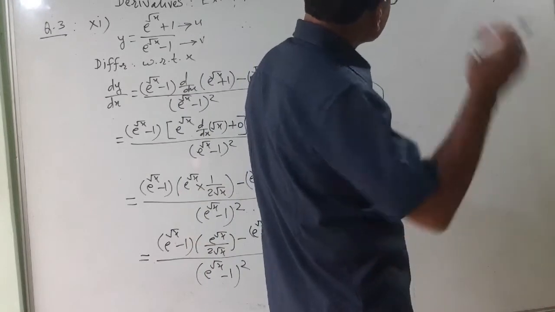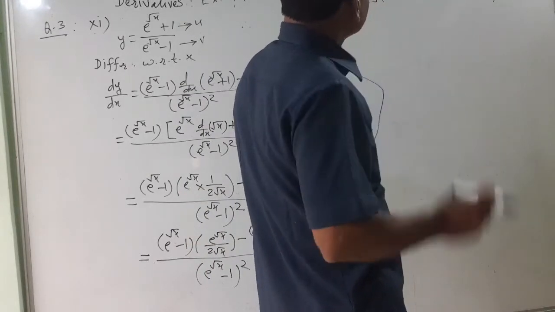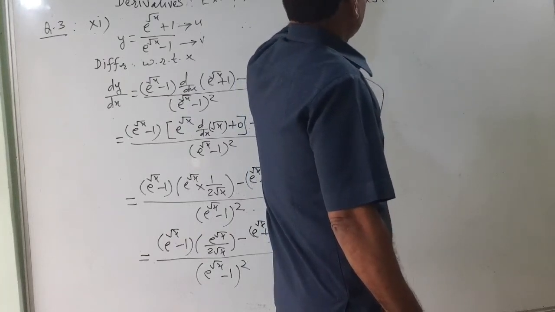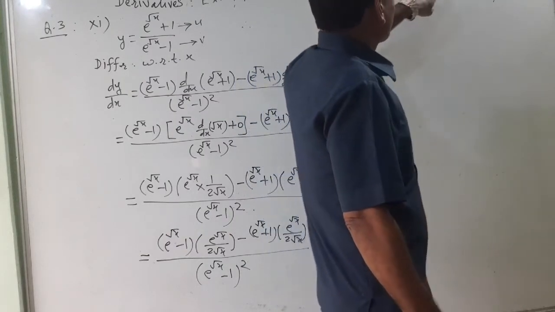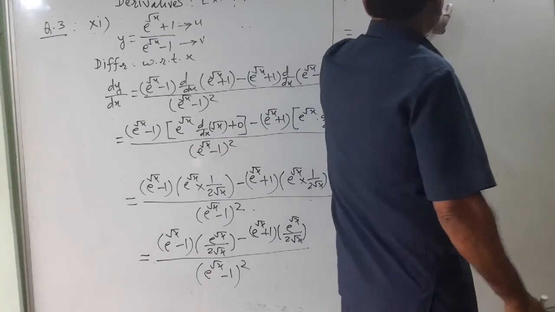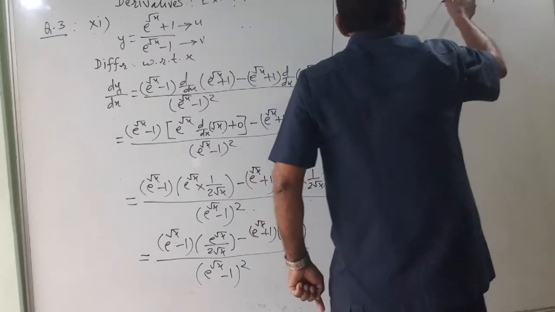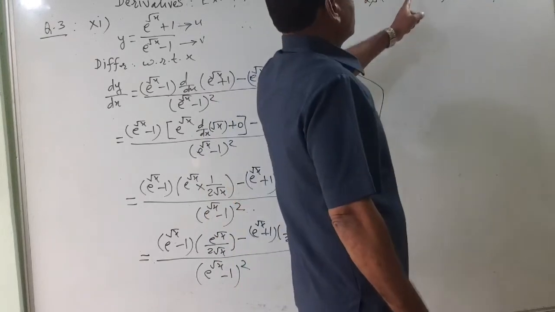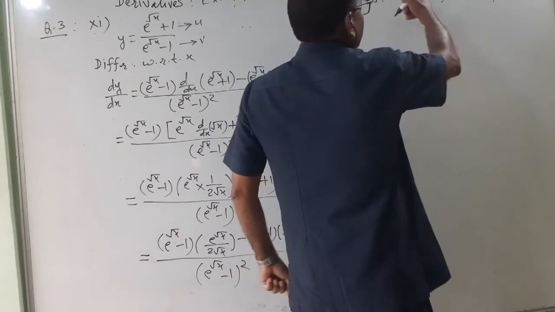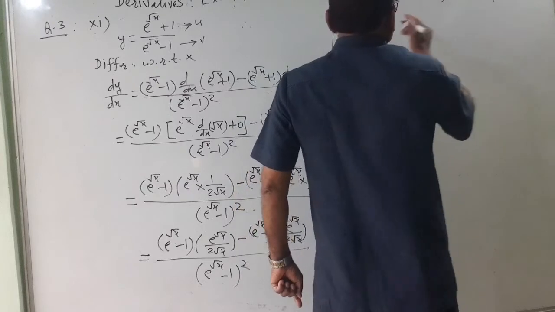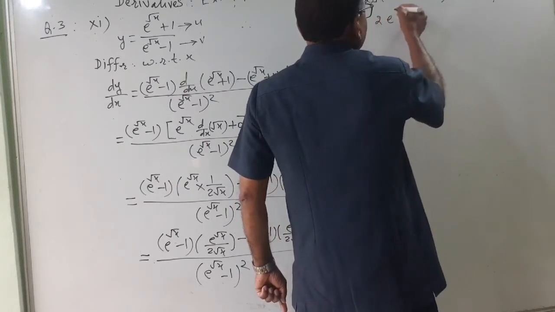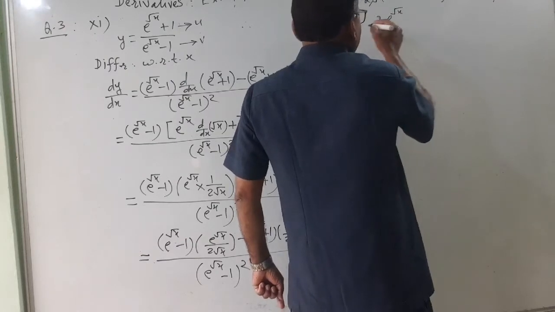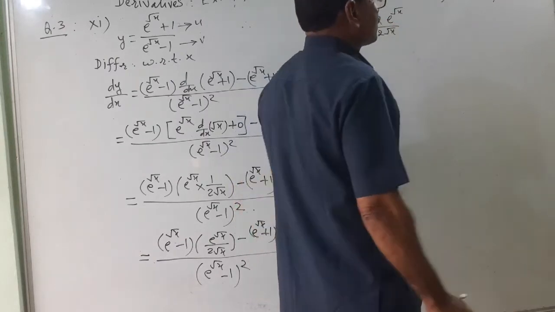if there is any possibility of cancelling, then check if the sign should be opposite. (e^√x) square upon 2 root x minus (e^√x) square upon 2 root x. So this term is same and it will get cancelled. Now this is 2 times, so 2 into e^√x upon 2 root x, it is negative.